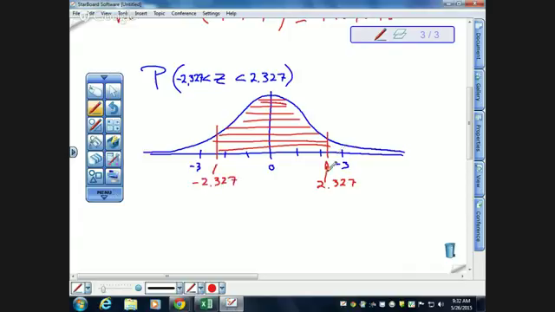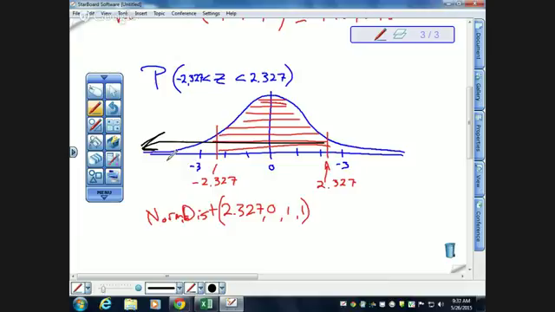So if I use the upper number for a minute, norm.dist, if I give it 2.327, mean of 0, standard deviation of 1, always cumulative, it's going to find the whole left tail there, which is more than what I want. So then I have to take away the lower tail.